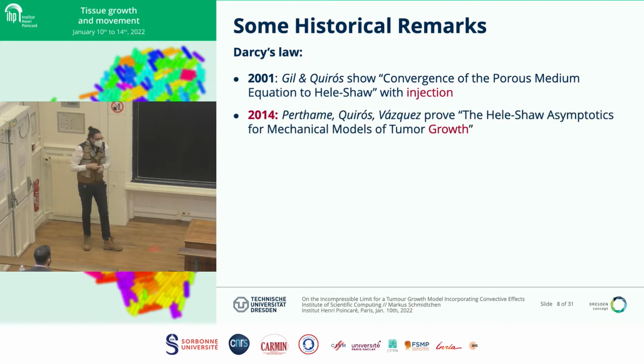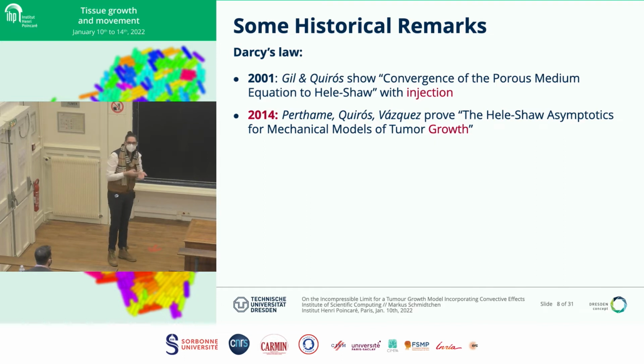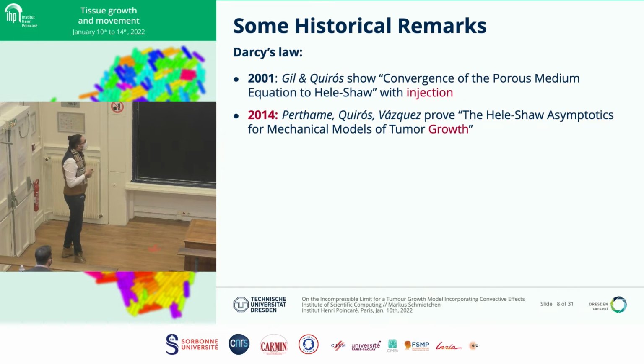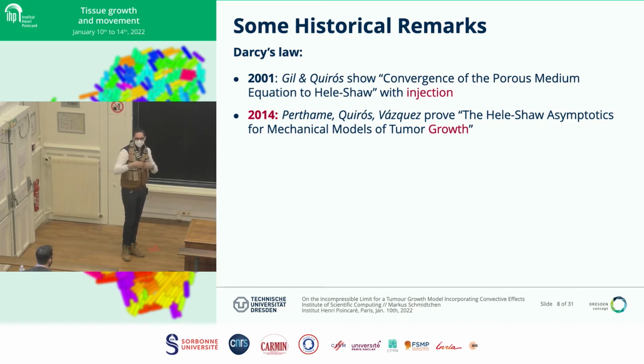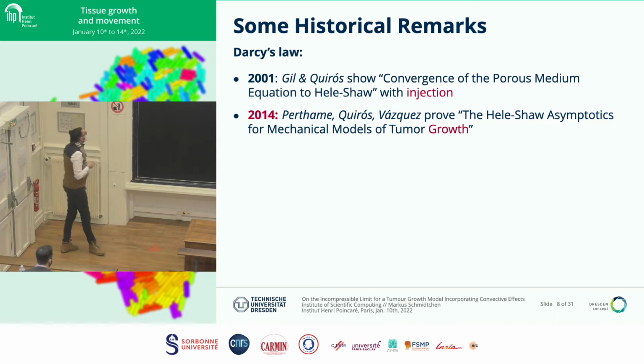A couple of years later, there's the stepping stone for our work, a paper by Perthame, Quiros, and Vazquez, where they prove this Hele-Shaw type asymptotics in the context of tissue growth or tumor growth. So instead of having an injection that drives the free boundary, like in a Hele-Shaw cell, it's the growth dynamics of the tumor and the incompressibility that drives the growth of the tissue in this setting.